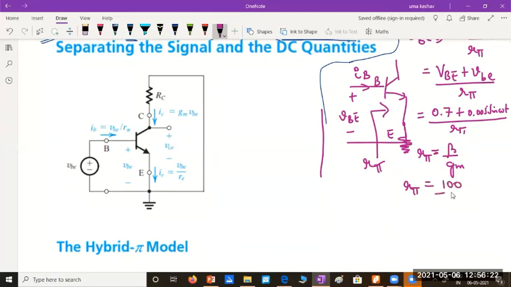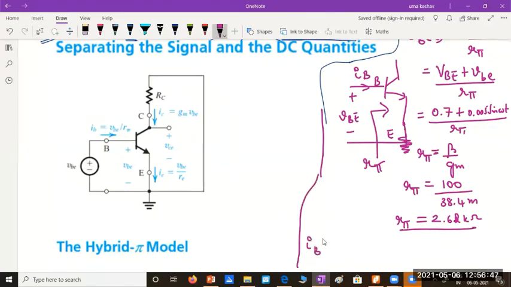Beta was given as 100. GM is 38.4 milli or something. So what would R pi be? I think for this condition, 2.62 kilo ohm, yeah, the same value we had found, 2.62 K. So can you find what the expression for IB is?